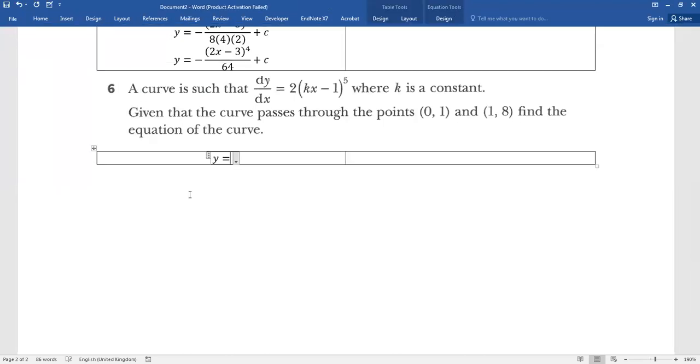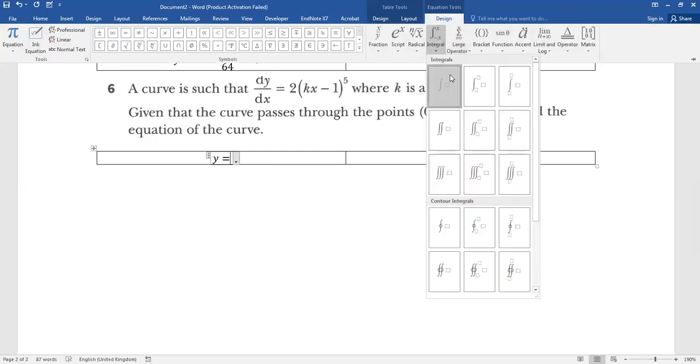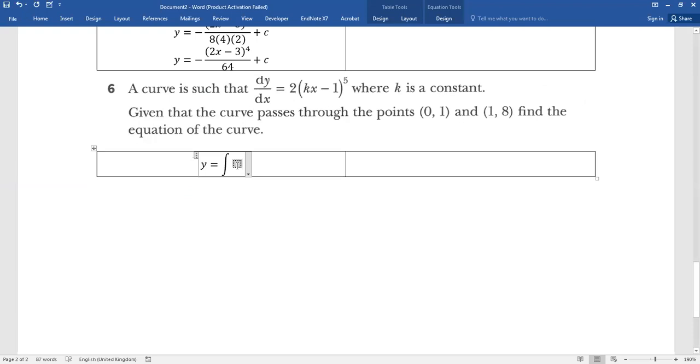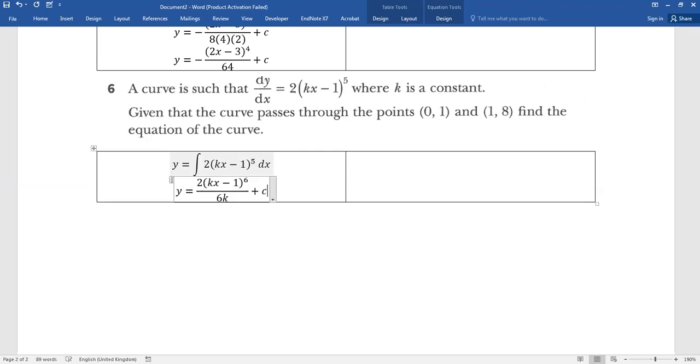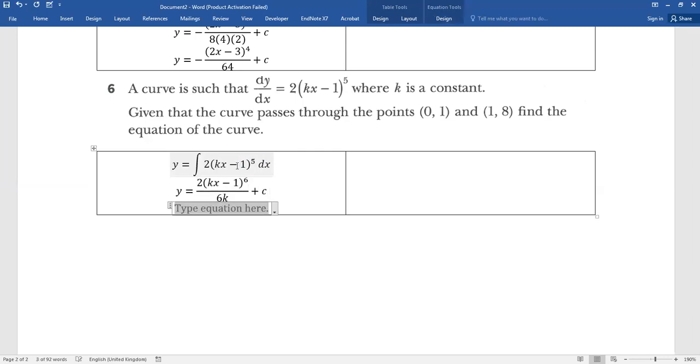So first we intend on integrating the entire equation of the curve, which was 2 bracket kx minus 1 to the power of 5. So how do you integrate it? 2 (kx minus 1) to the power 6 divided by 6k, and then plus c.